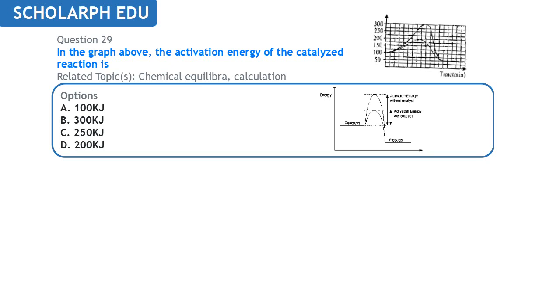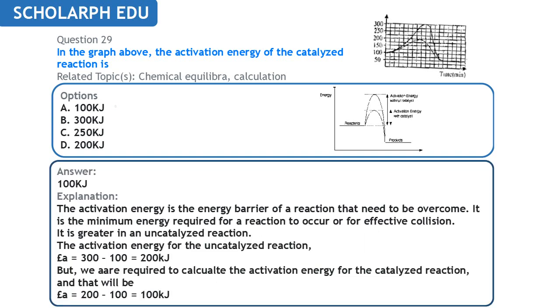This is for without catalyst, but with catalyst it will be the difference between here and here. This is the activation complex with the catalyst. If you trace this down, this is 200 here, while here is 100. So you have 200 minus 100, and that is 100 kilojoules.